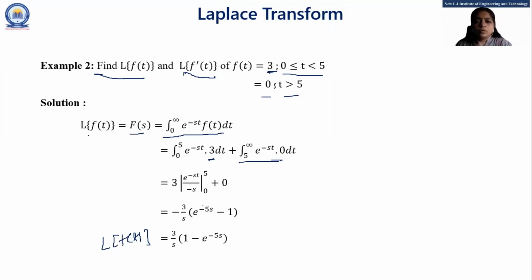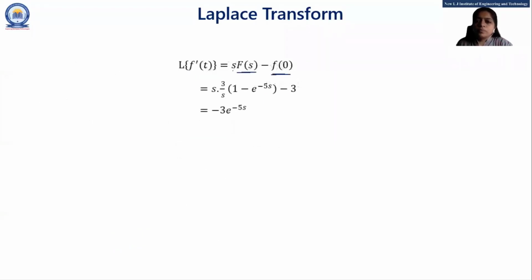So I put 3 here, right? After simplification, this s is cancelled, and this 3 and minus 3 also cancel. My final answer is minus 3 e raised to minus 5s. Okay, students, any doubt for this method also?